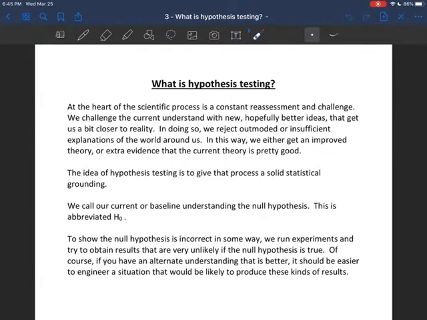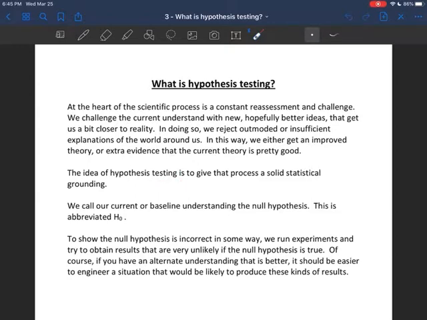This is a little bit challenging because there is uncertainty built into everything, right? We can't be certain of how things will work out, even if we have a very good understanding of all of the underlying processes. So, in this drive to reject outmoded or insufficient explanations and replace them with better, improved theories, we have to have a method of going forward.